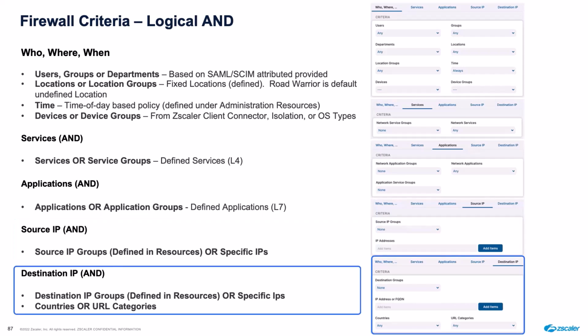And the final criteria is the destination IP group defining resources or specific IPs, and then you can also apply based on the country or a URL category. So I build a rule that are logically ANDed together between the who, the where, the services, the applications, the source IP, the destination IP to build a complex rule that will then trigger.